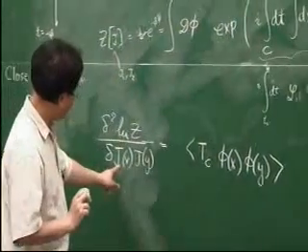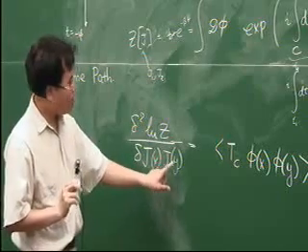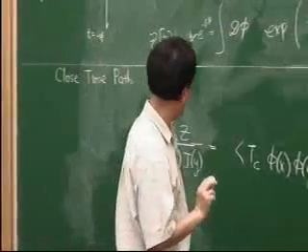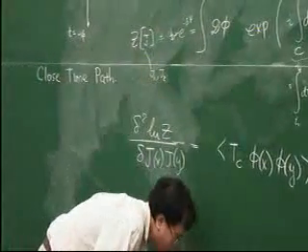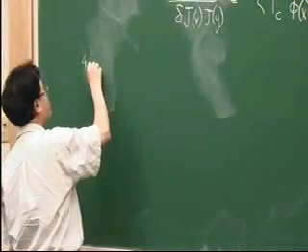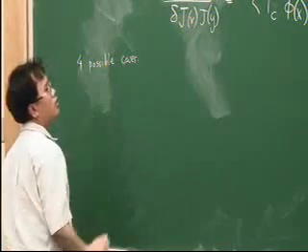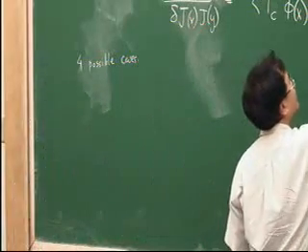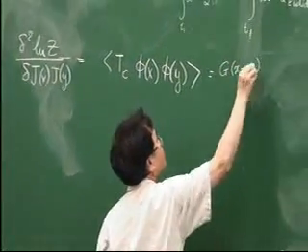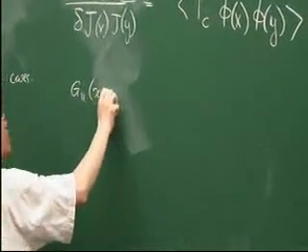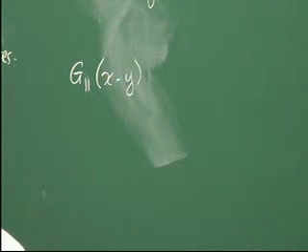Suppose both x and y are on the upper part of the contour. There are four possible cases. Let's call this G of x minus y. There is a G11 of x minus y, where both x and y are on the upper part of the contour.